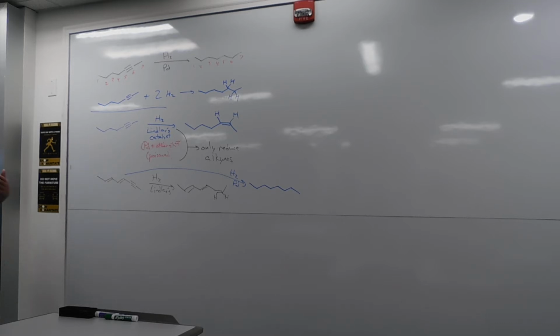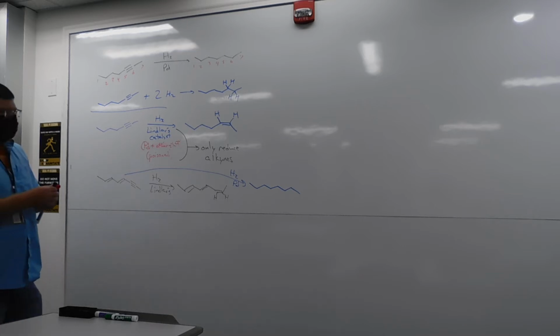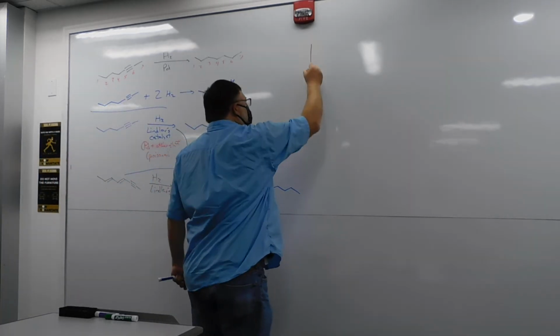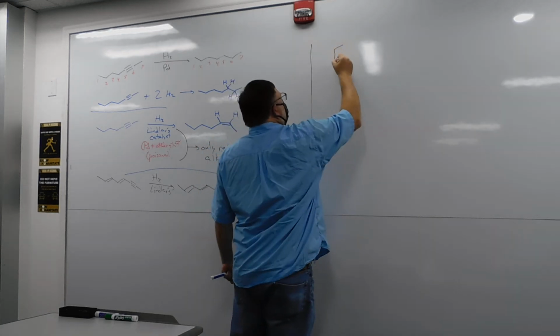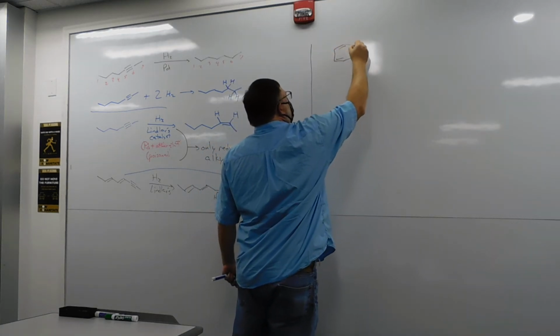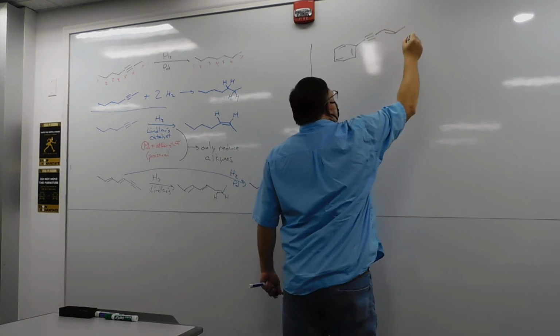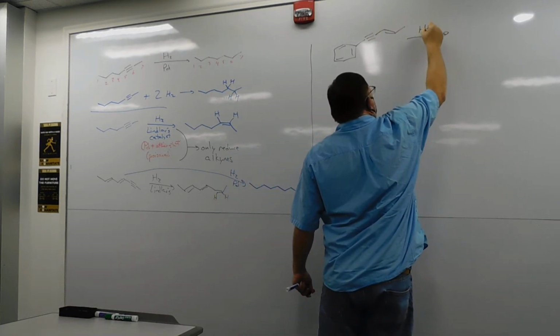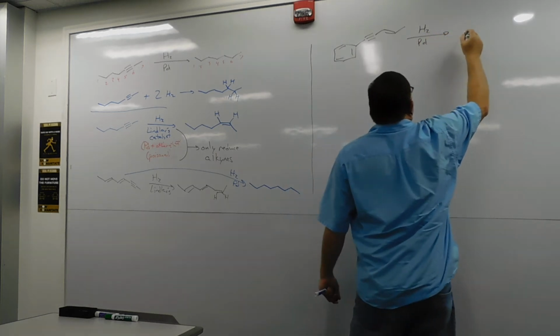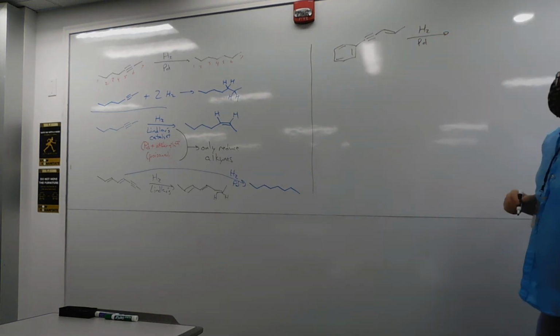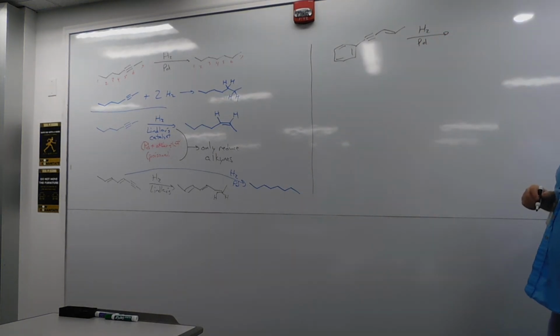I talked last time in class on Friday that benzenes don't do this. So if I take this molecule, I've got an alkyne in there, I've got an alkene in there.